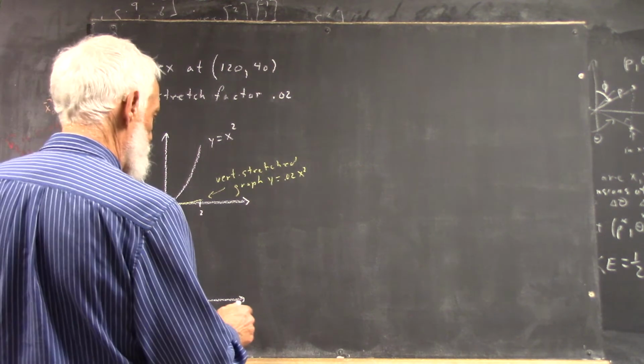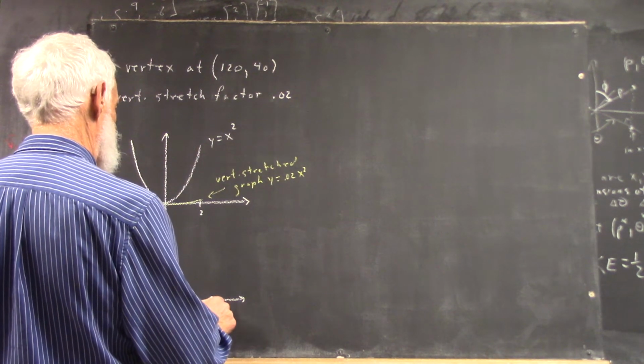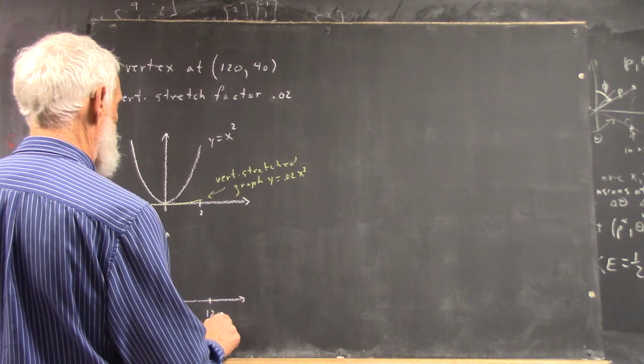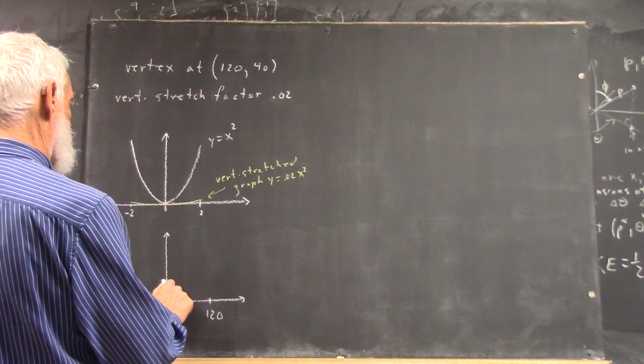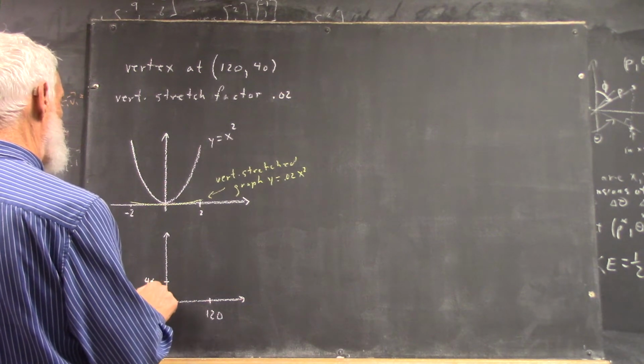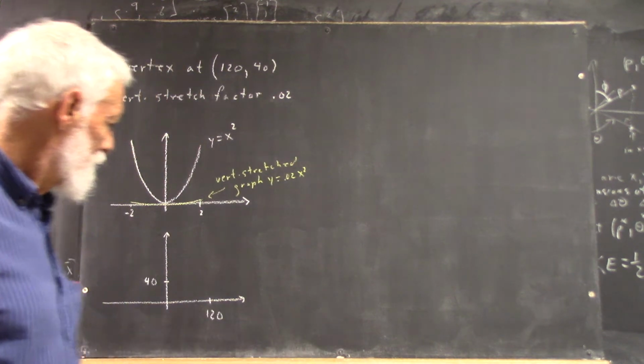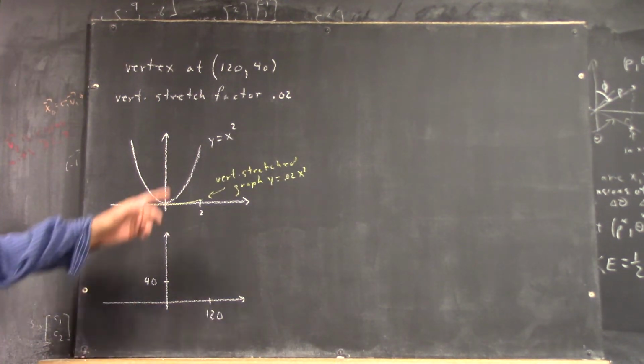You're going to want a scale where 120 is like here, and maybe 40 is here. Okay? So while I'm gone, kind of think of how you would go from here to here.